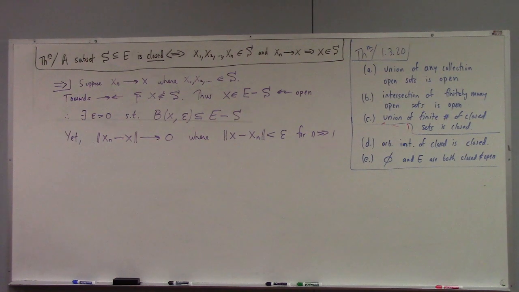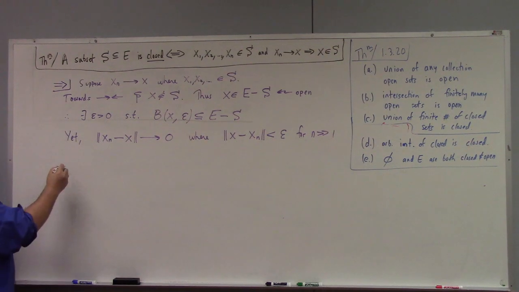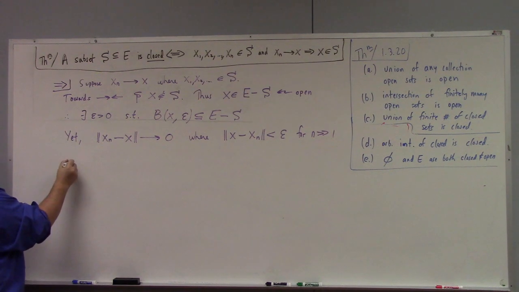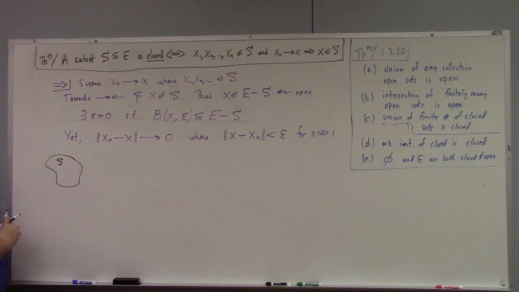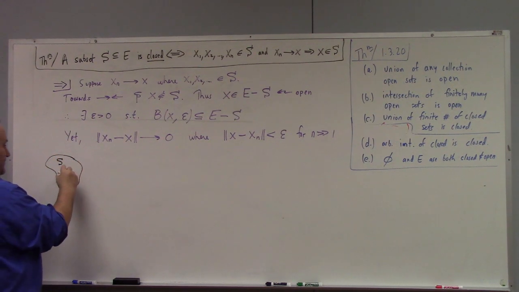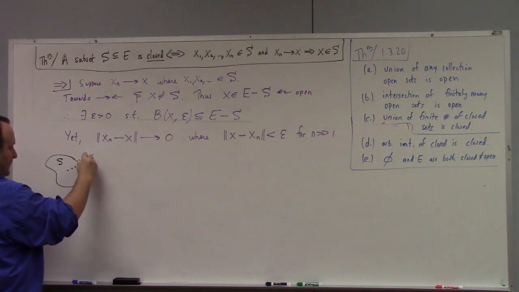I think it helps to draw a picture in this kind of problem just for the sake of organization. Like our set is S, and we're supposing that we've got this sequence, and somehow it converges to this point x out here.